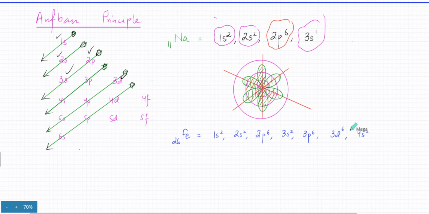So this was the order of filling of electrons according to the table that we just drew. Remember, this table is just a shortcut for us to figure out the electronic configuration.